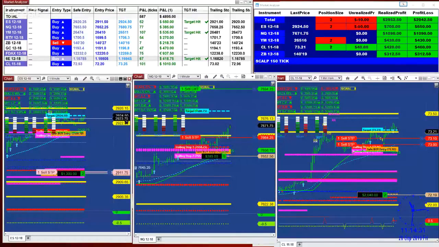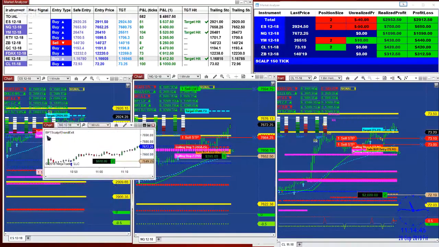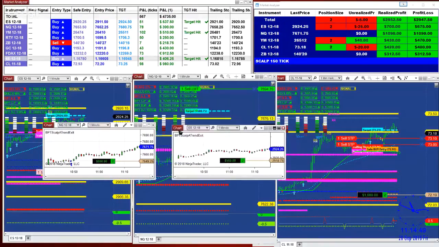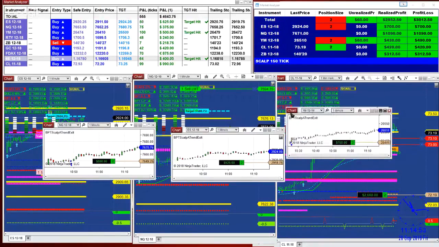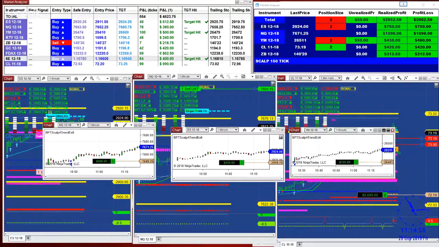If you want to trade the 6E on that system here, on the price action, yes, sir, it's very good. If you want to trade the 6E on the swing trading, the one that says trend exit, it's very good. I have not really auto traded the 6E.